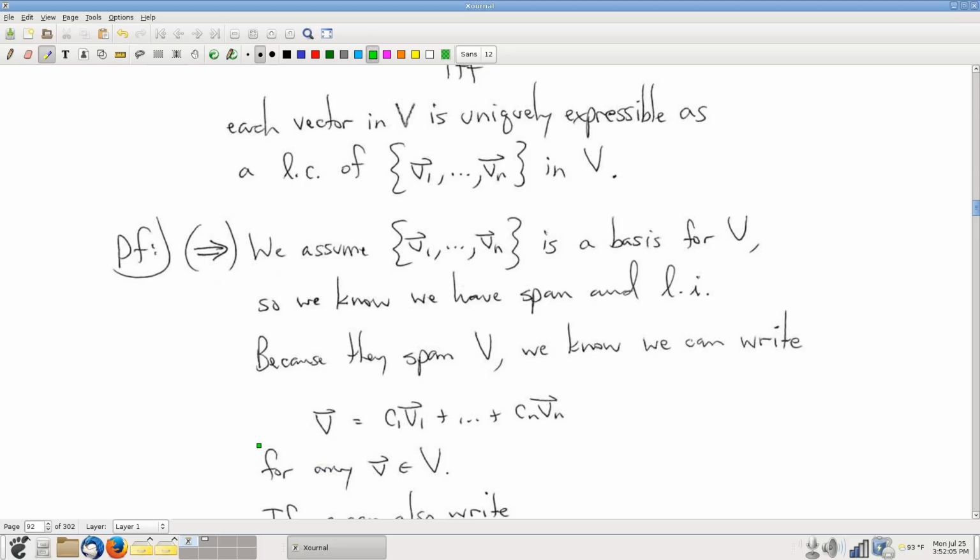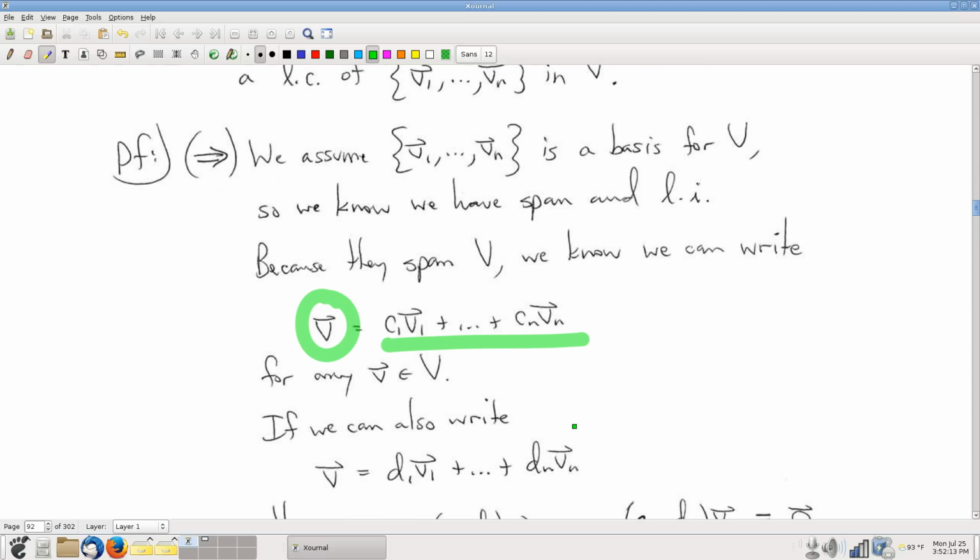So how do I know, given a vector V that can be written as, let's say, this linear combination of our basis vectors, maybe I can write that same vector as a different linear combination of the exact same vectors. You'll notice these are the same vectors, V1 through Vn.